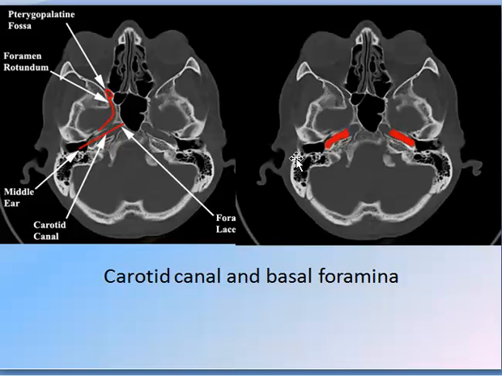Of course, this is the external auditory canal going into the middle ear, and this is a mastoid air cell.